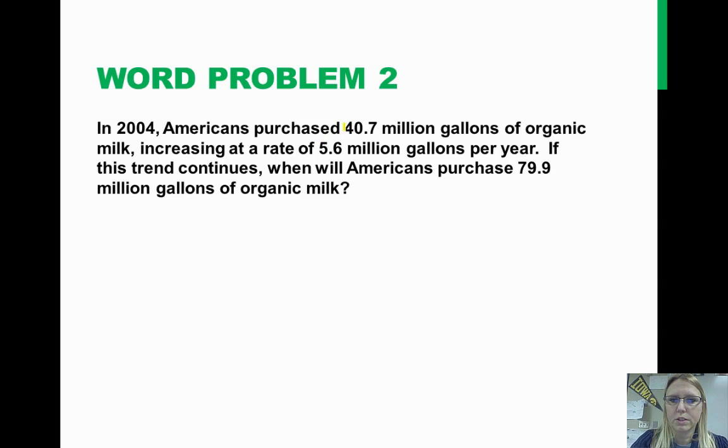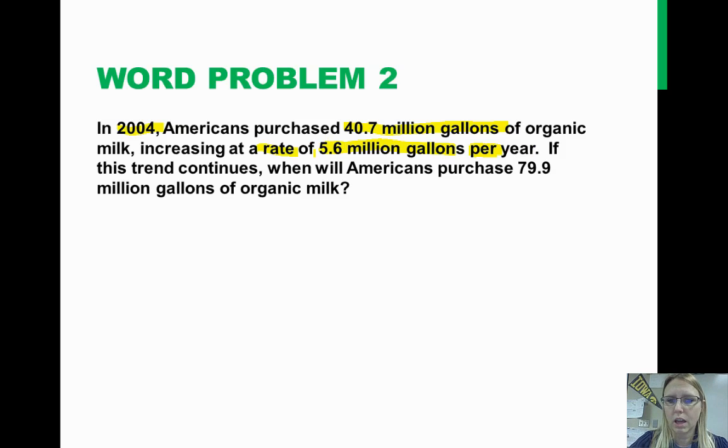We know that they purchased this many gallons in this year. And we also noticed that there was a rate, a change of something. So we saw that there's a rate, and there's also this word per. Whenever you see per, you know that there's probably going to be some kind of variable attached to the number that's associated with that. So we have 5.6 million gallons per year.